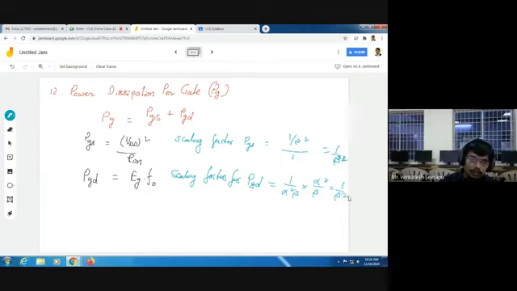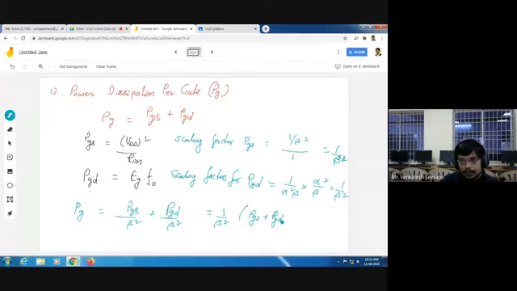PGS has a scaling factor 1 by beta square, similarly PGD also has 1 by beta square. So PG is PGS plus PGD, and the scaling factor for PG becomes 1 by beta square.